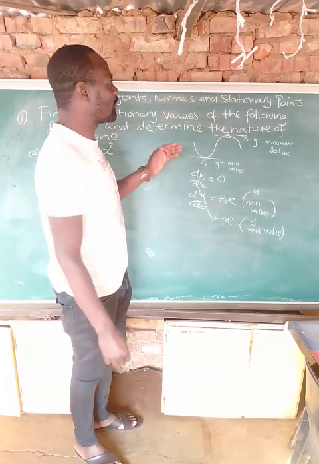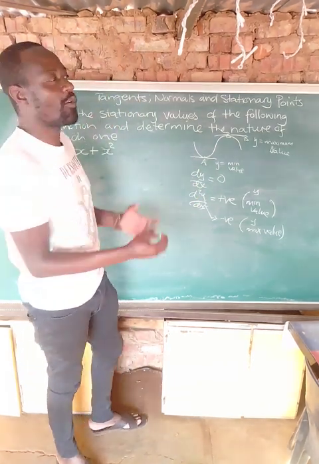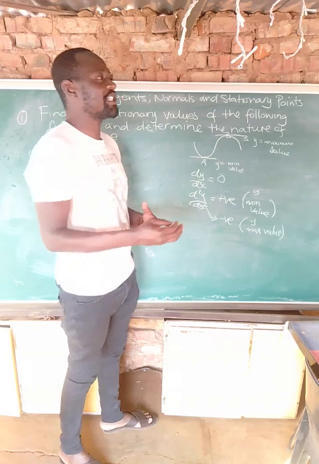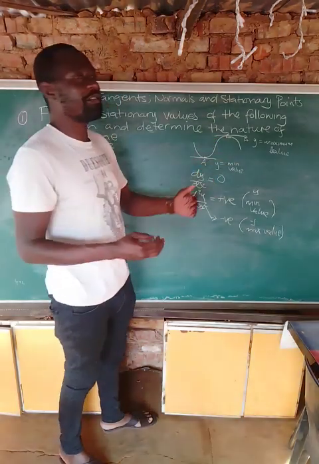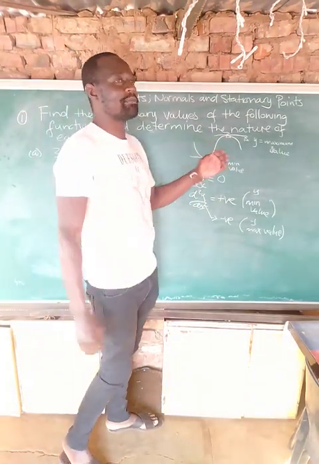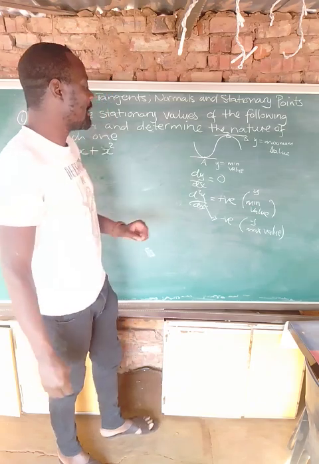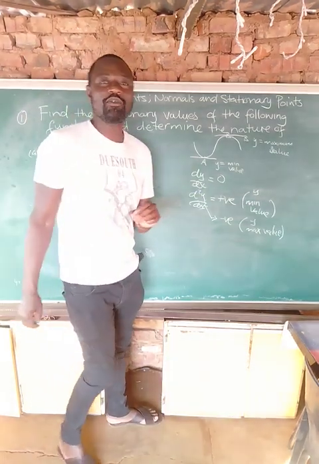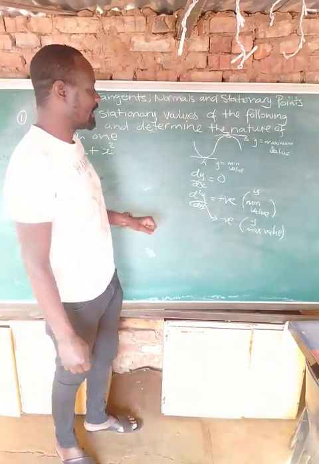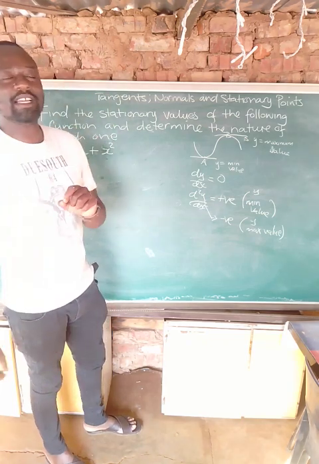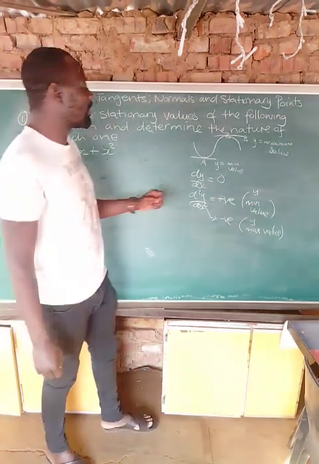So we now need to find the nature of those points. Are we having a maximum value or a minimum value? So we will need to find the second derivative. When we find the second derivative, what are we looking for?